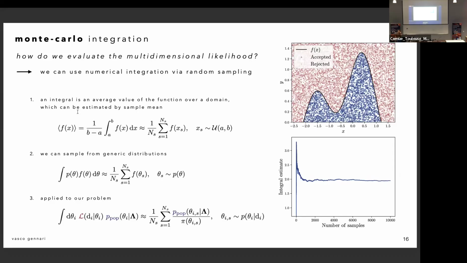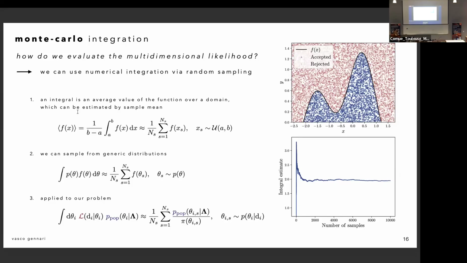This is Monte Carlo. For those that don't know, I am just showing here briefly the idea behind it. The idea is that you can compute an integral, as you see in the first equation, as the sample mean of the function evaluated on a collection of samples drawn from a uniform distribution.